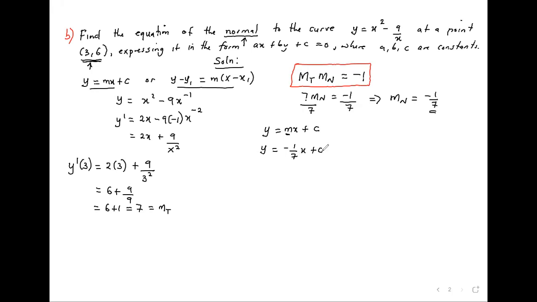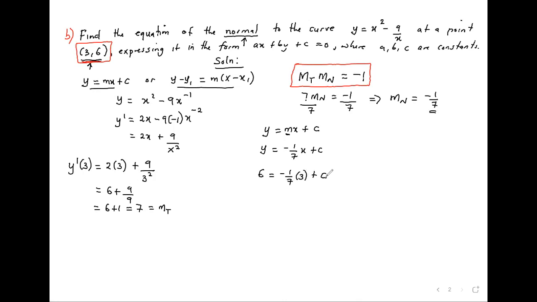To find c, you use the point given. Where there is x, you take 3. Where there is y, you take 6, for us to find c.